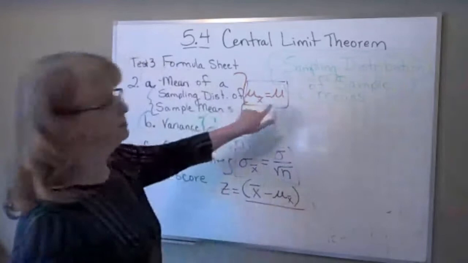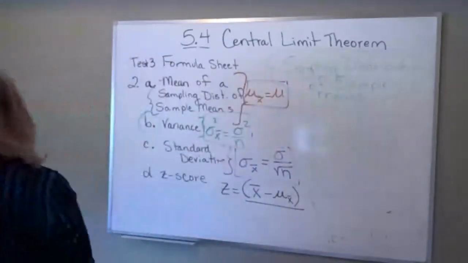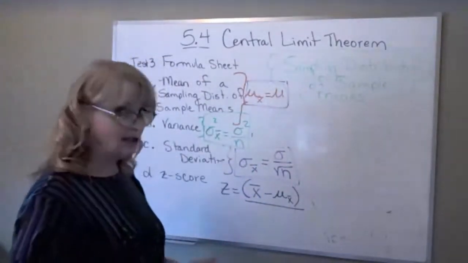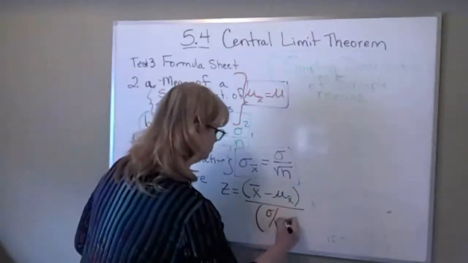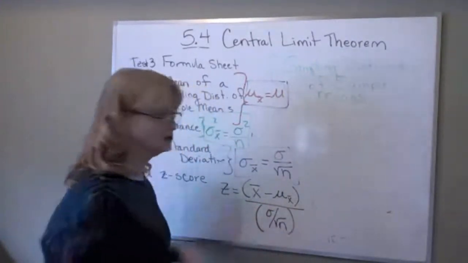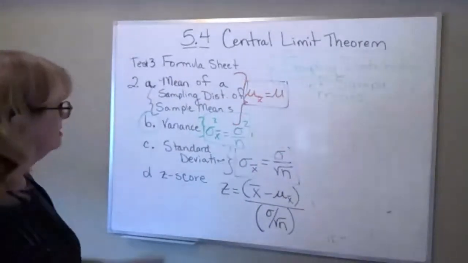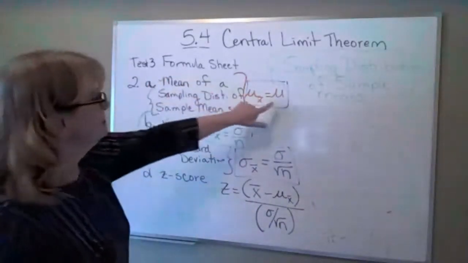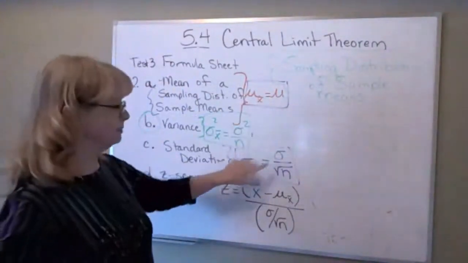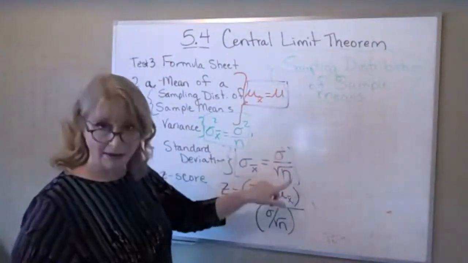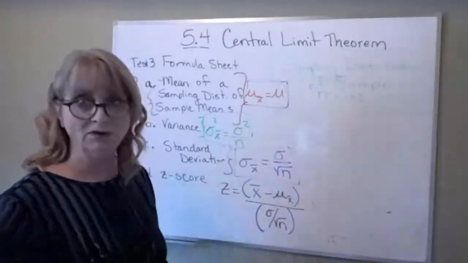Remember, the mean of the sample means is mu. And you have to divide by the standard deviation of the sample means. So you have to divide by sigma over square root of n. So your z-score formula looks a little different because you have to use the mean of the sample means, and because you have to use the standard deviation of the sample means, which instead of just being sigma, is sigma over square root of n.